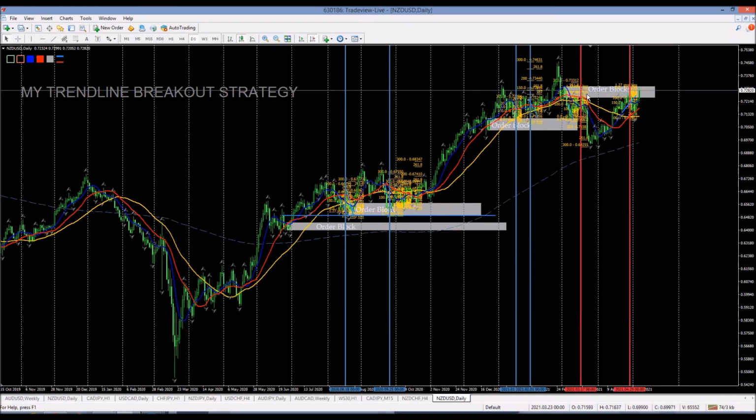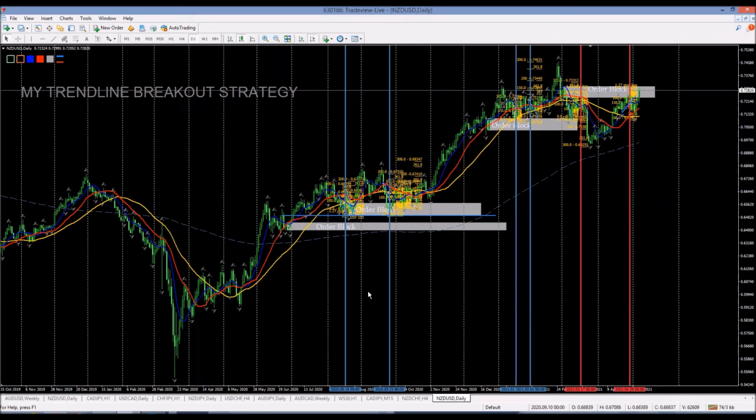And here, it went into the order block and came out of it, creating a lower low. Here, it's gone into the order block and came out of it. It's gone into the order block again. So if price comes out of the order block, based on historical data, then we have no choice but to be in the trade.